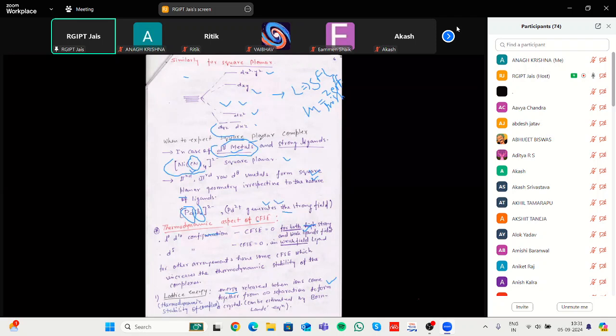Then the next concept comes: what are the thermodynamic aspects of CFSE. As we know, the CFSE of d orbitals for d0 and d5 is 0. CFSE is 0 for both strong field ligand and, in case of a weak field ligand, CFSE also comes out 0.